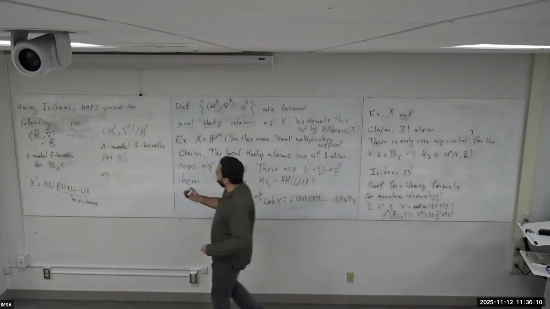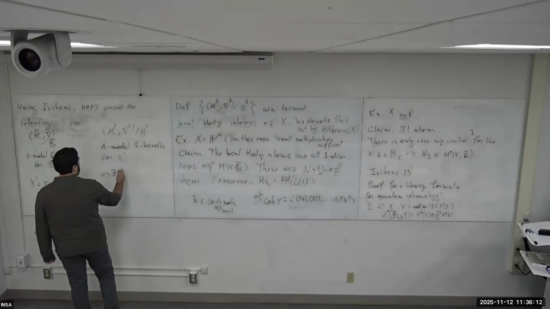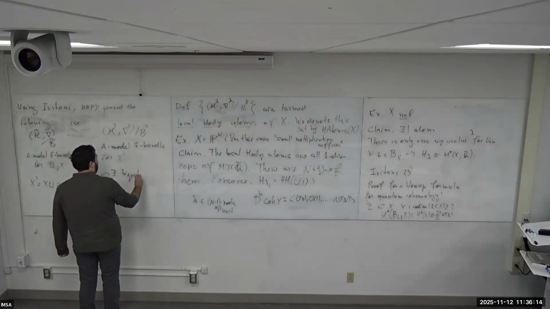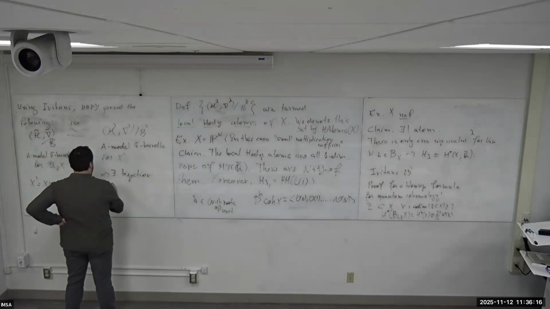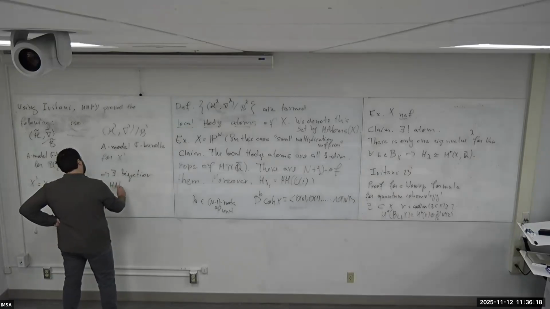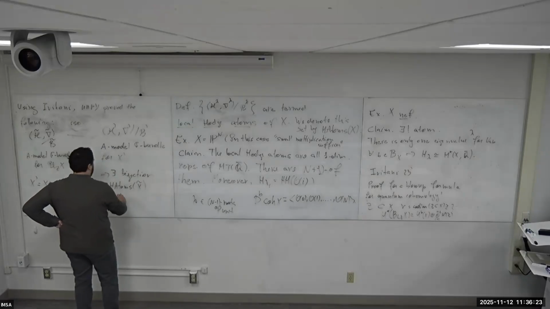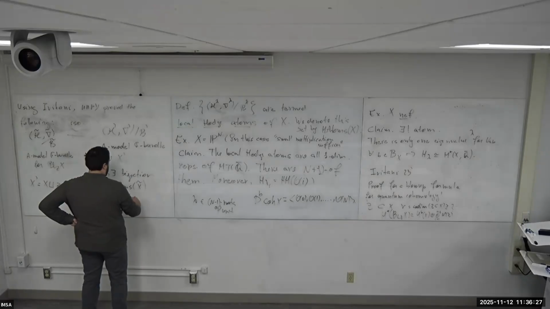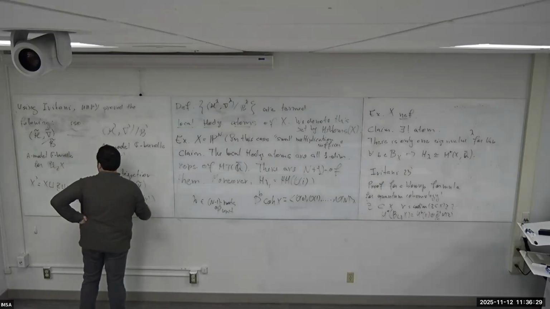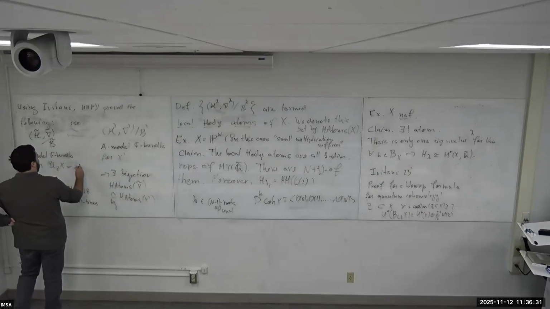So then there is a bijection between the atoms of X student and the atoms of X, where X student is this guy.